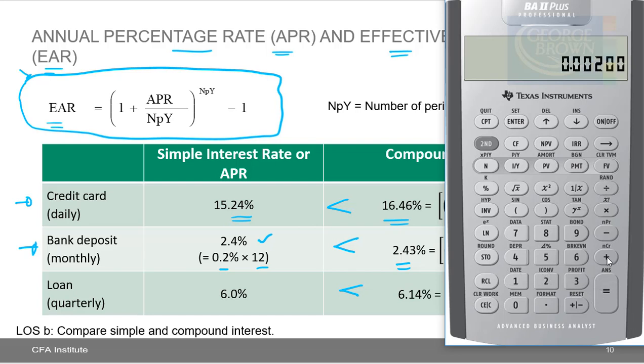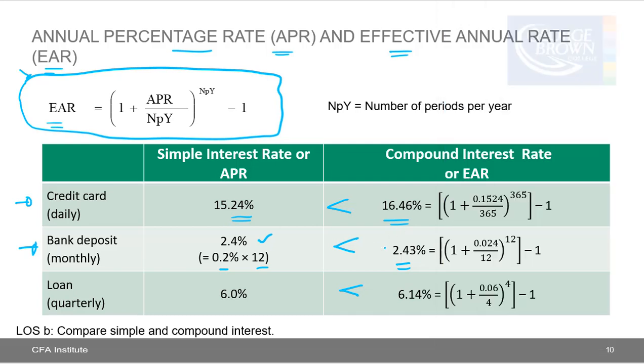We're going to add the 1. Y to the x, it's monthly, so it's 12. Okay, minus 1 gives us 0.02427. Multiply that by 100 to get a nice round number, and you can see 2.42658. We've rounded that to 2.43%.